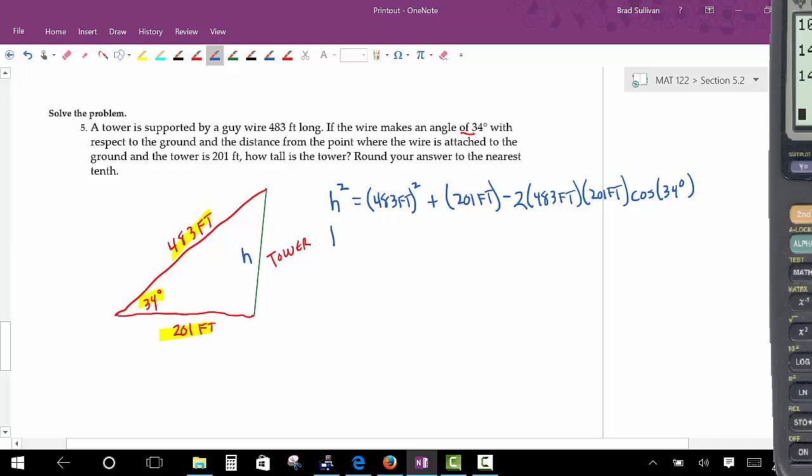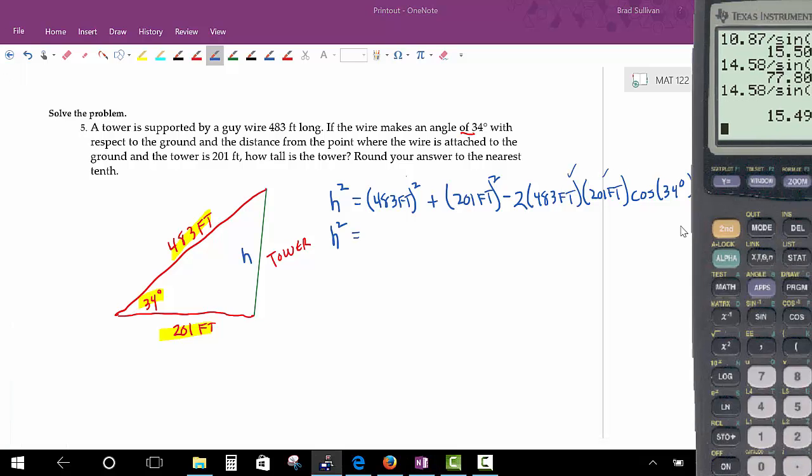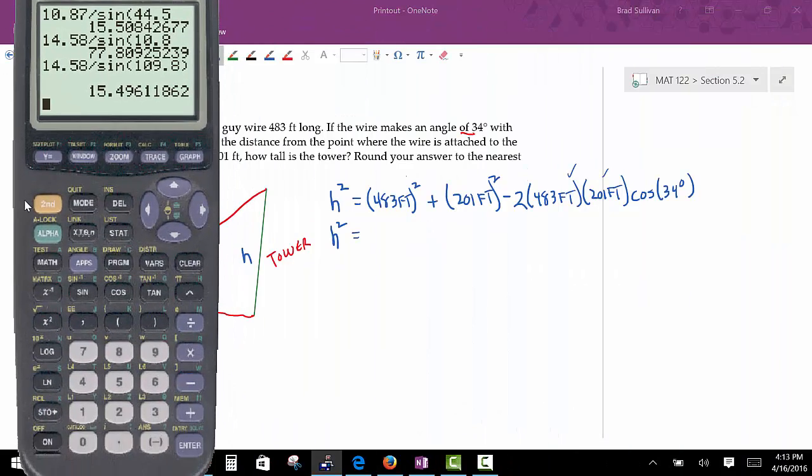Okay, so I'm going to go ahead and work this out, and you're going to end up having square units here. So you have a square foot, and foot times foot is square foot. So the units all work out the way they're supposed to.